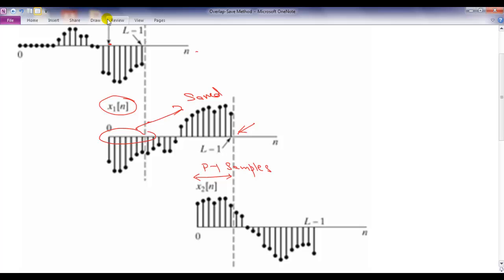And when we do circular convolution, the purpose of saving these previous samples becomes apparent, because we will be corrupting the first P minus 1 samples of our circular convolution, since circular convolution equals aliasing of the linear convolution. So I then throw away those samples, which means I never used their output. I go and recompute their output again, and I keep on doing that.